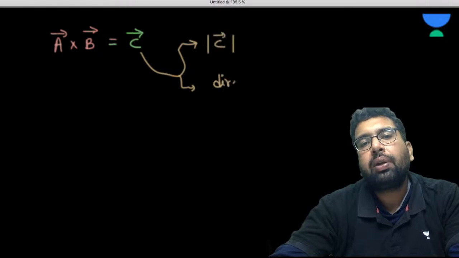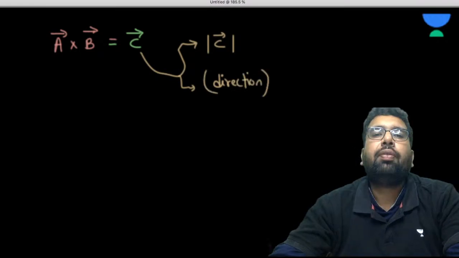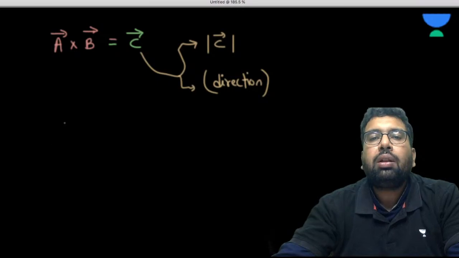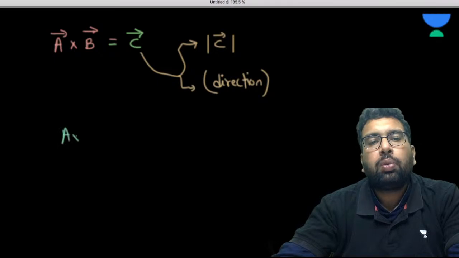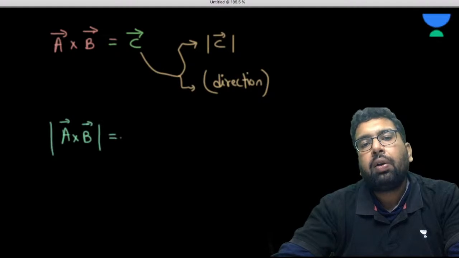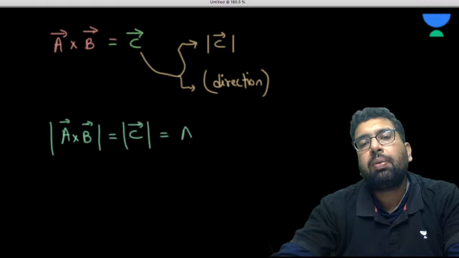Now when you are doing the cross product of two vectors, what is going to be the magnitude? The magnitude will come out to be AB sine theta.